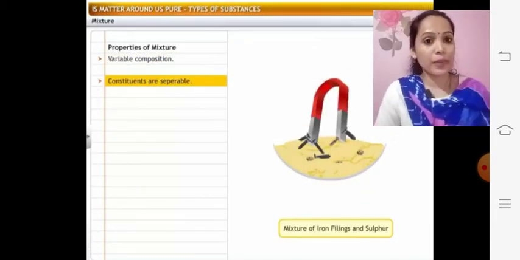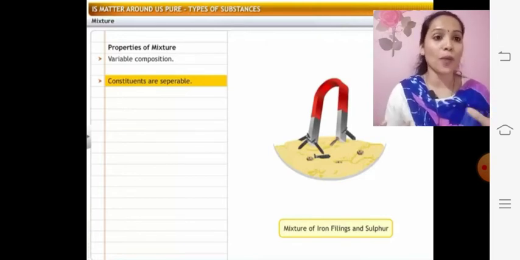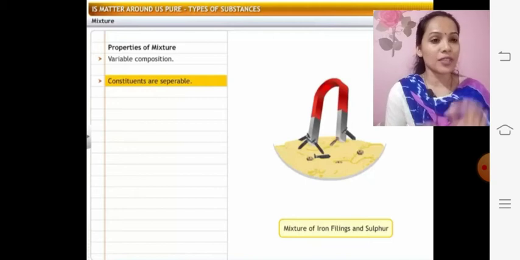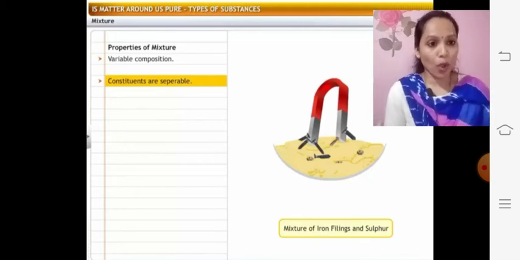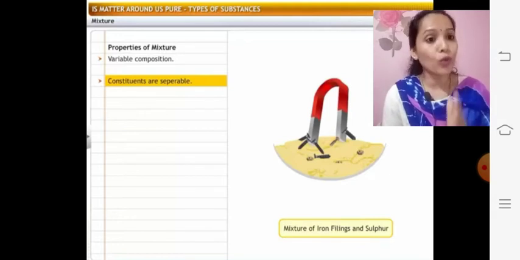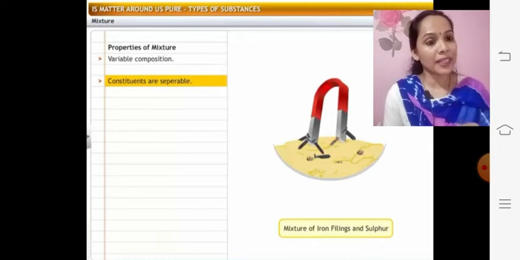Now, the second property is that constituents are separable, that is, we can separate the components of a mixture using any physical method. The physical method we have to opt for is based on the property they have.